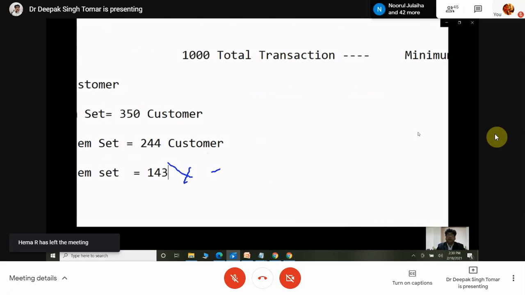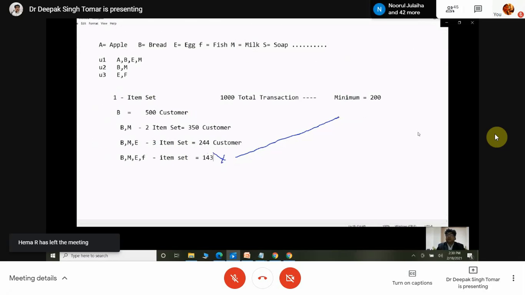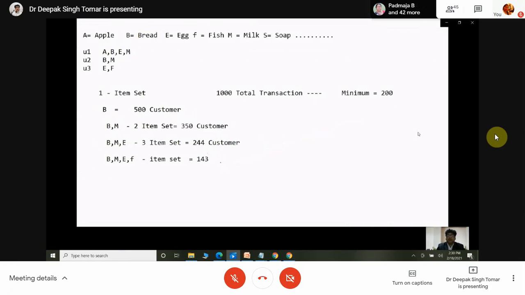Because its value is less than the minimum defined percent, it is not frequent. So the one length and two length sets are frequent, the three length is frequent, but the four length is not frequent because the number of customers who buy it is 143, which is less than the user defined threshold.